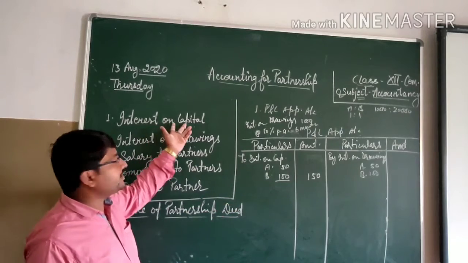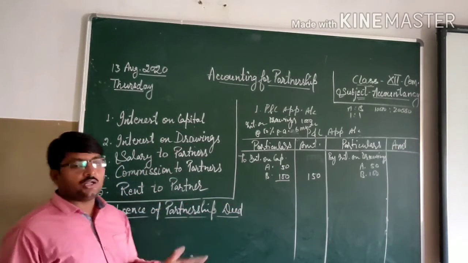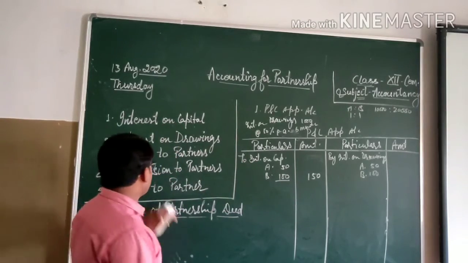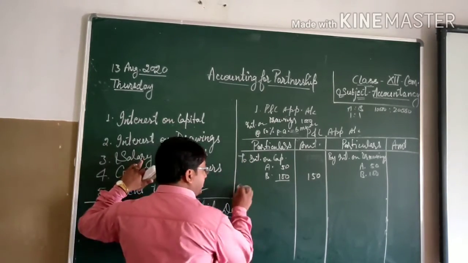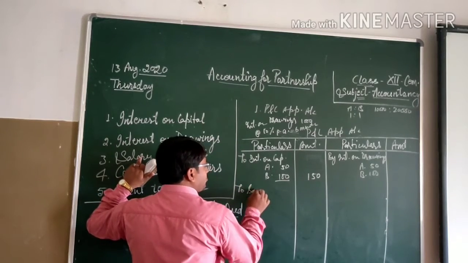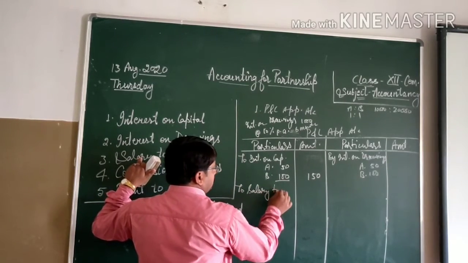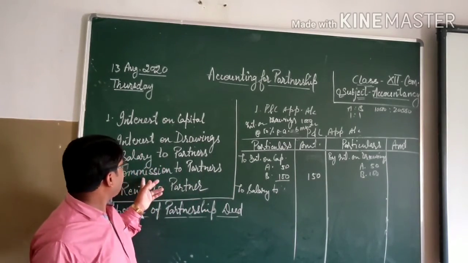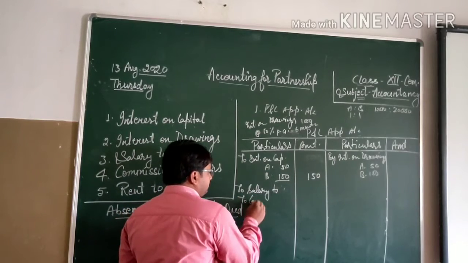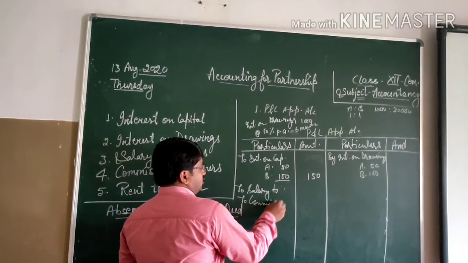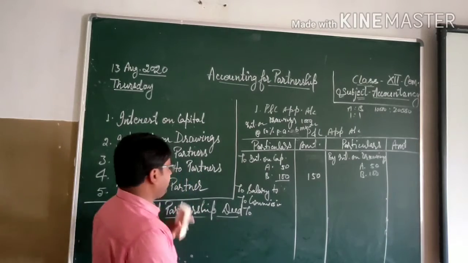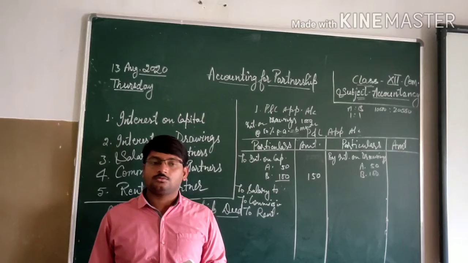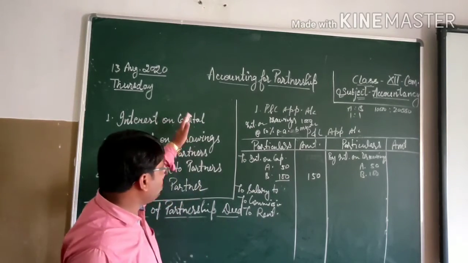Means salary to partner, expense, so debit salary to partner, to A or B, C, whatever it is. Then commission, then rent. Got it? Like this. So we have to do like this.